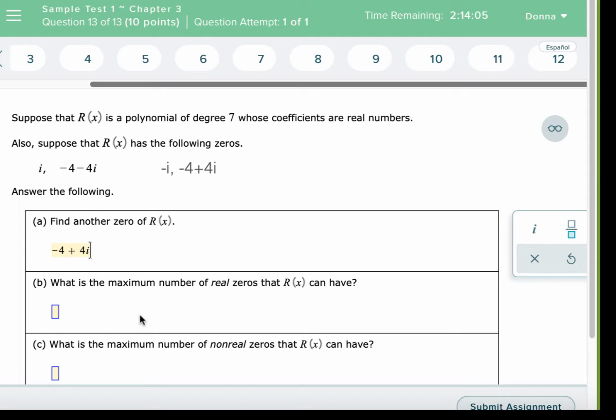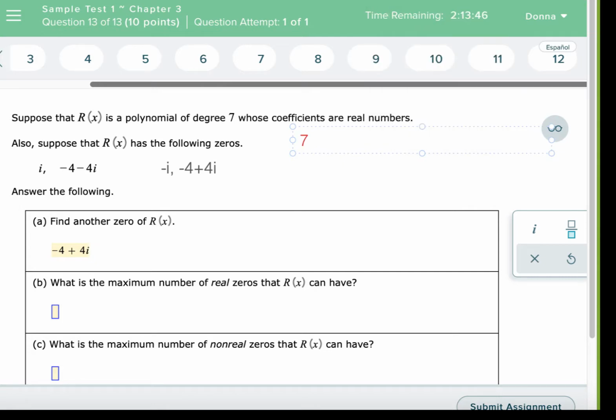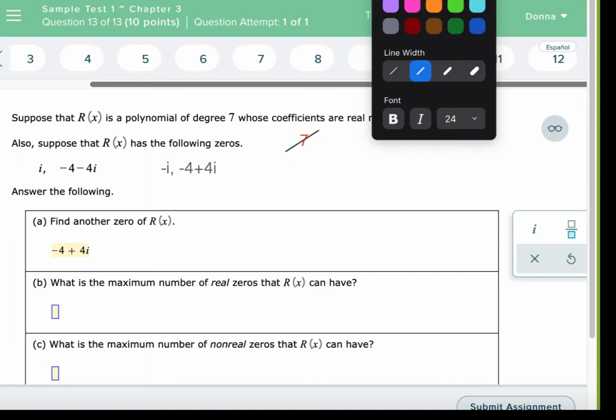The next question says, what's the maximum number of real zeros that r of x can have? So since we have a polynomial of degree 7, we know that we have 7 possible zeros. So I'll start with 7. Then if we take away 2 for the first, that will leave us with 5.